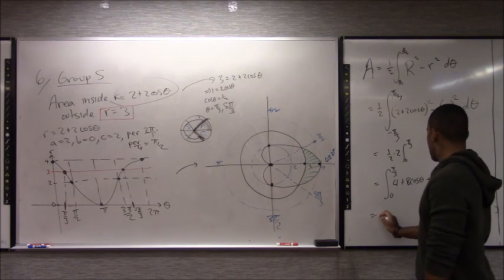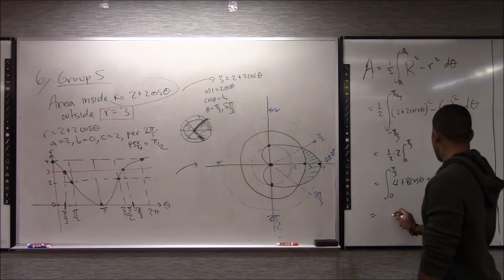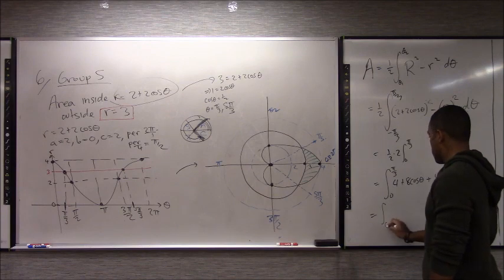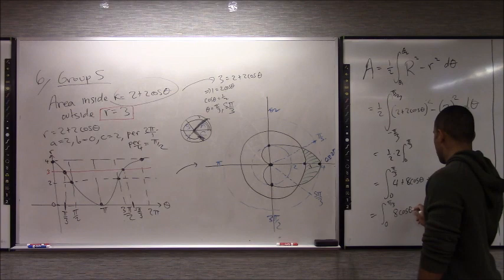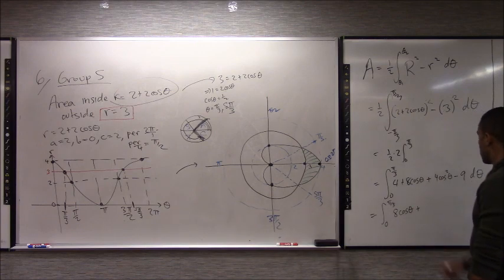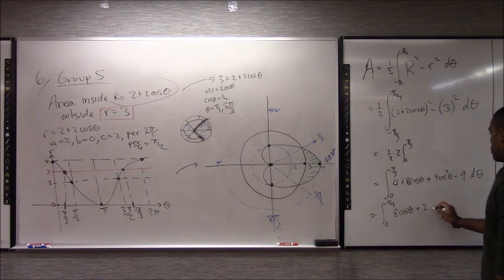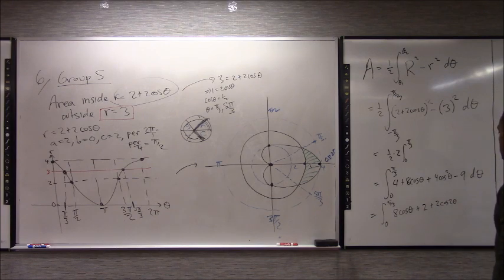And so that will be from 0 to pi over 3, 8 cosine theta plus 2 plus 2 cosine 2 theta minus 5. Or in other words, I can combine this with that, and so minus 3.